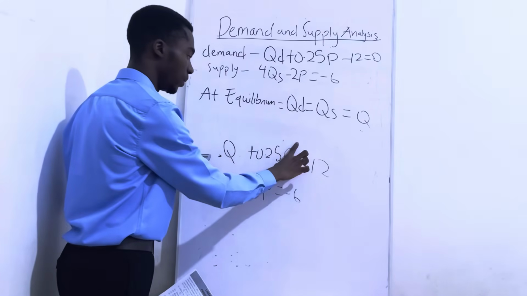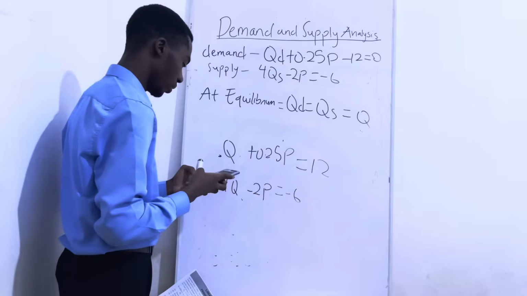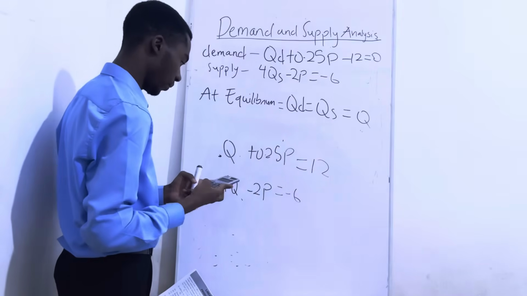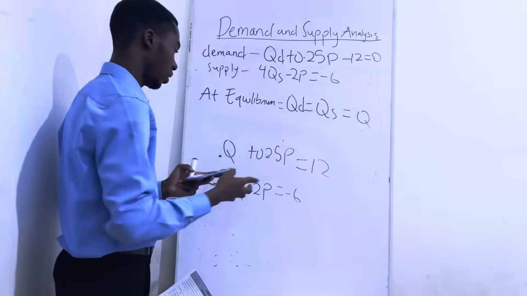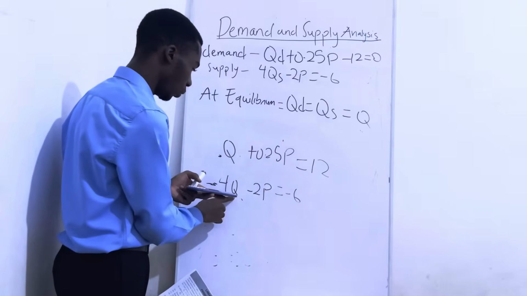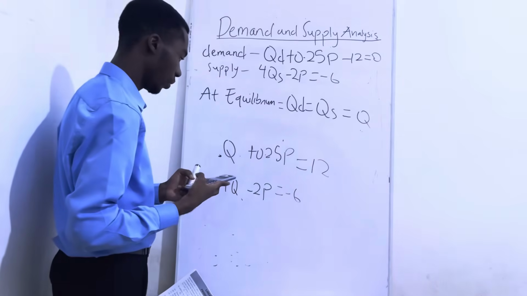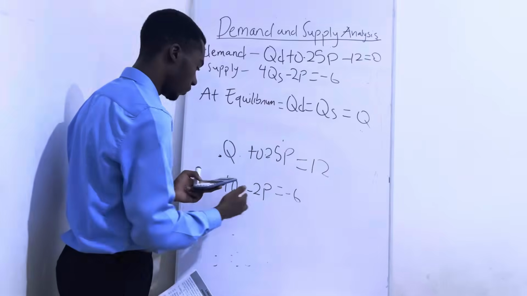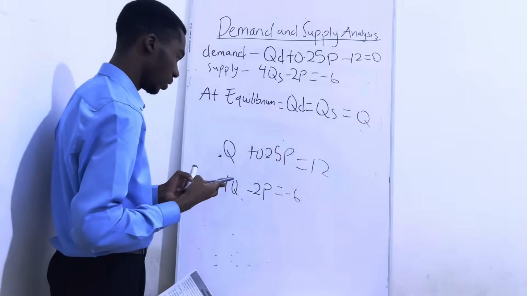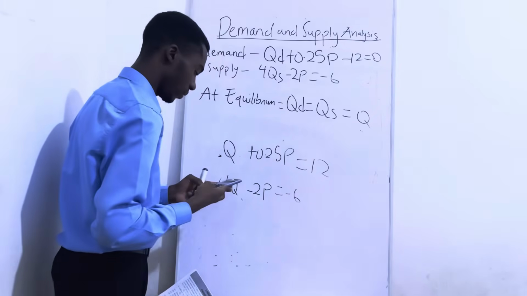The coefficient of P is 0.25, so you press 0.25. Then it's equal to the 12. Then press is equal to. The coefficient of Q here is 4, so you press 4. Then the coefficient of P here is negative 2. Then it's equal to negative 6.